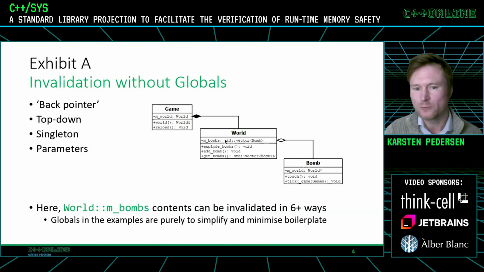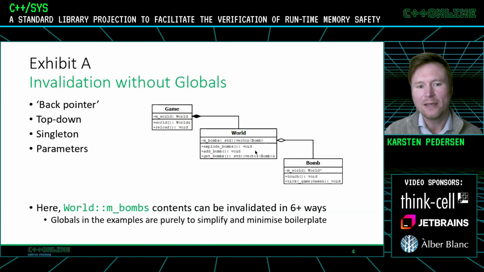There are many different ways we can invalidate this. The explode bombs function would clear the array in the same way. The add bomb would push back a new bomb, which potentially would invalidate the data as it copies and reallocates to a new, larger block of memory. Or simply get bombs could return a reference to the bombs array, and then you just call clear on it anyway.